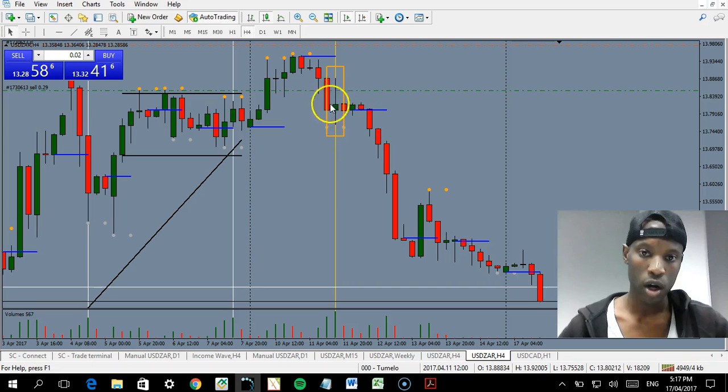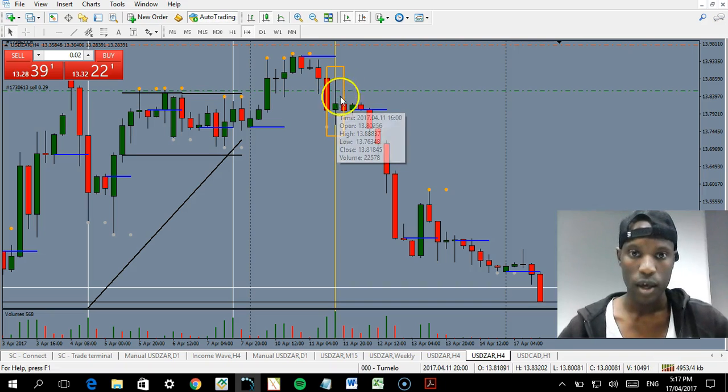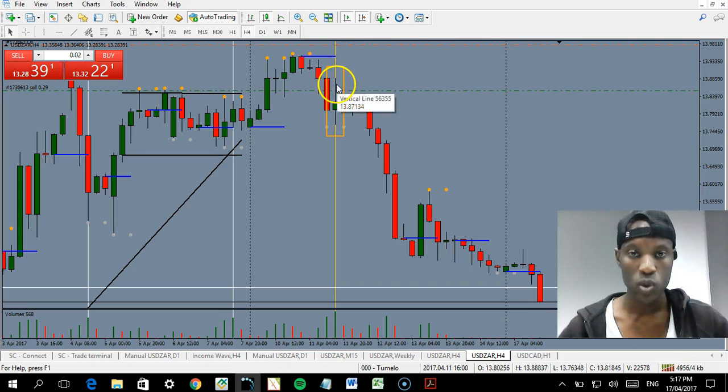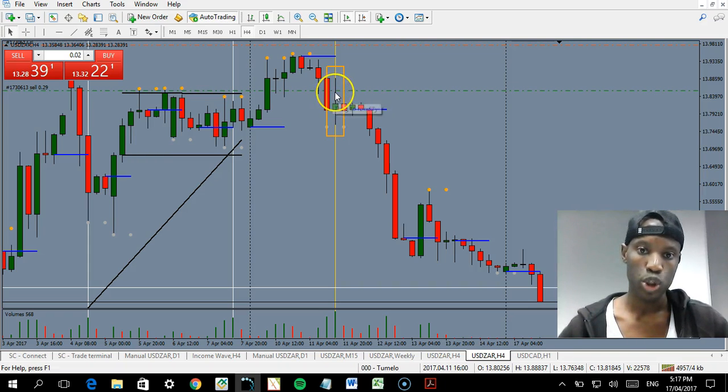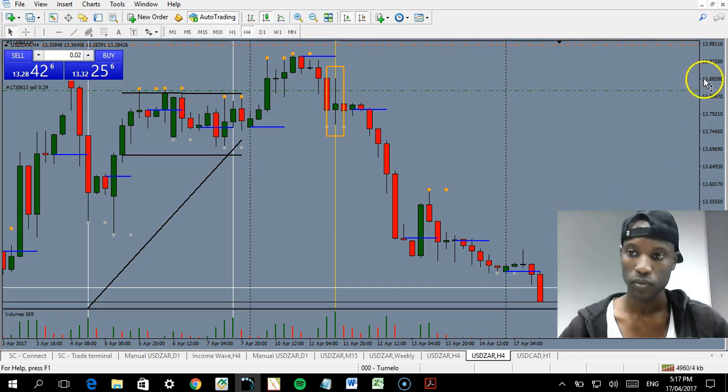As you can see by the close of this candle, the buyers failed to push price up, and it was clear that the sellers were slowly starting to gain control. The market sentiment was slowly beginning to change, and this was a confirming indicator for me to go short and sell at this point in time. And as you can see, price started to move down.